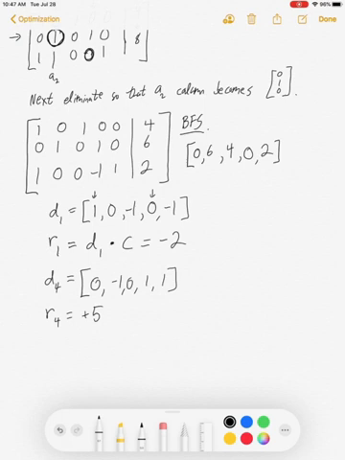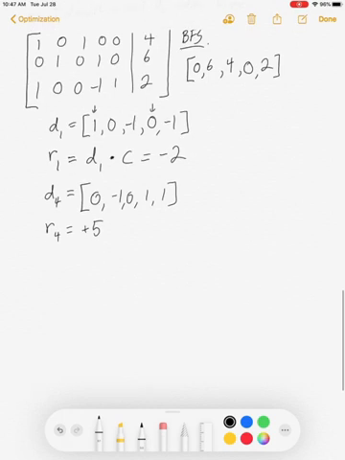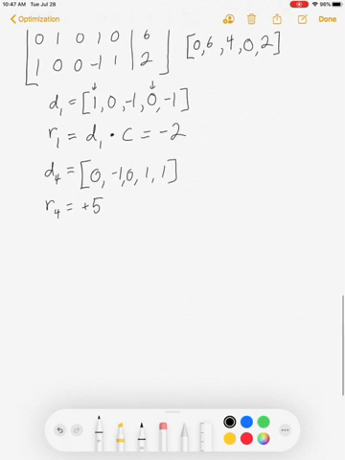So we expect that we're not going to bring row 4 or column 4 back into the basis. And we can see that because the reduced cost is positive. So there's only one reduced cost that's negative, R1, so that tells us we're going to bring column 1 into the basis.